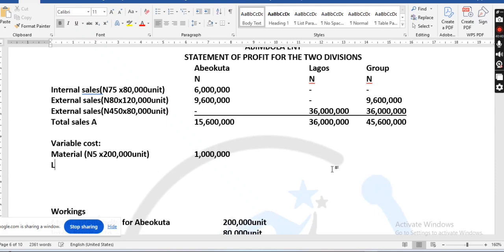So labor, 15 naira per unit. And they want to produce 200 units. So what do you have? 3 million.